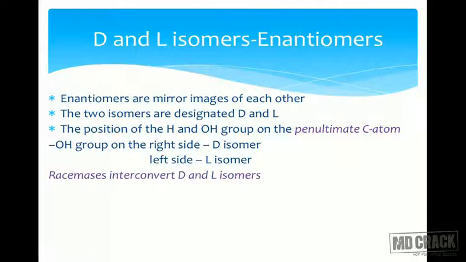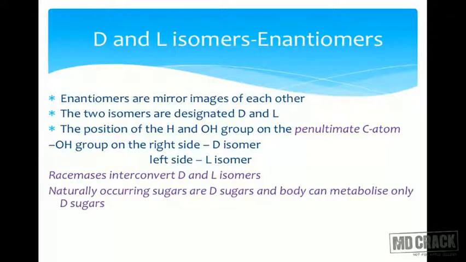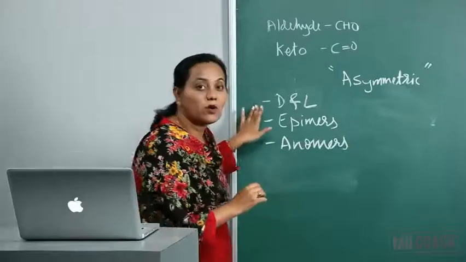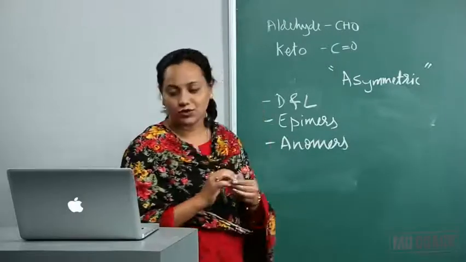What is the importance of this? There are certain enzymes called racemases which can interconvert between D and L groups. And the second important thing is all naturally occurring sugars are D sugars. The body can metabolize only the D isomer. So that is the reason why we have to know about D and L enantiomers.